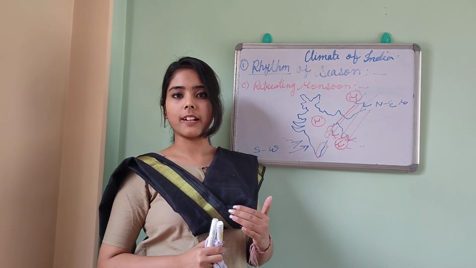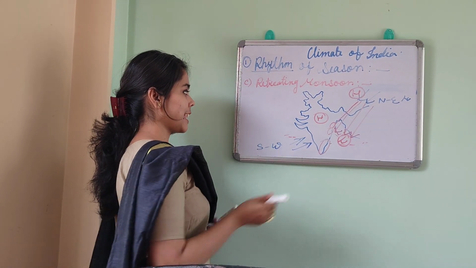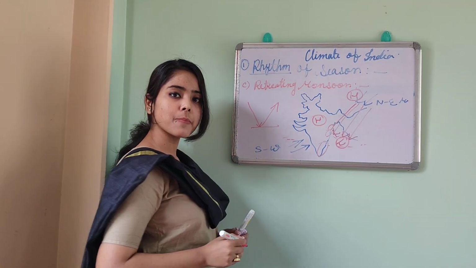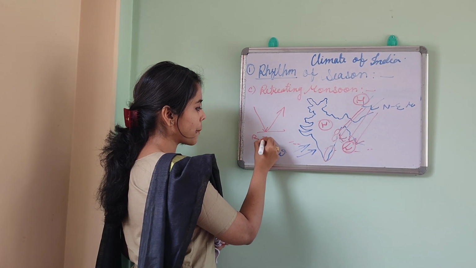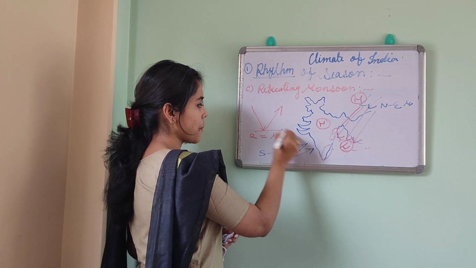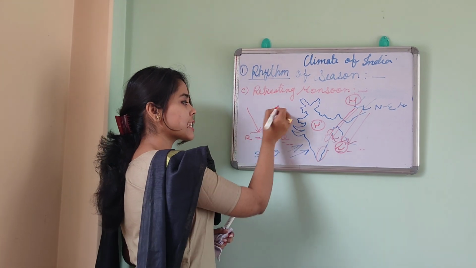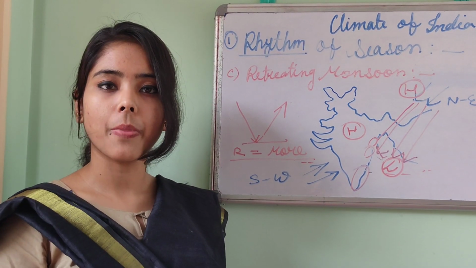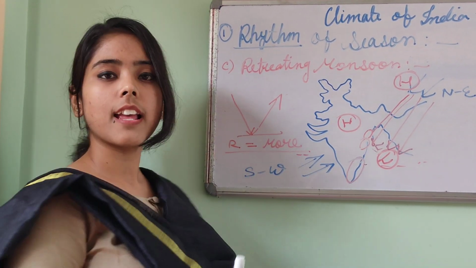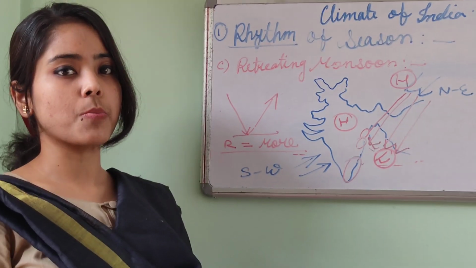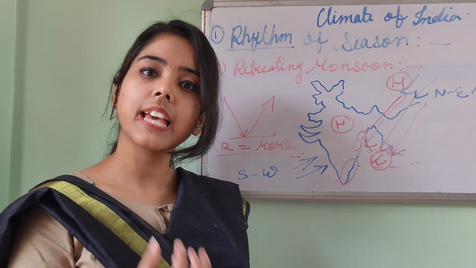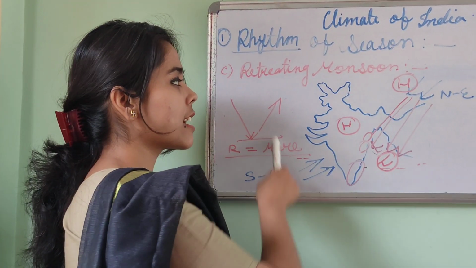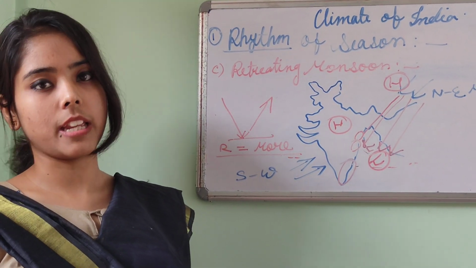When the sky is clear, then automatically the heat that is coming towards Earth's surface can easily radiate back. That means the range of temperature will be more, because the heat that is coming and the heat radiating back are quite similar. So the range of temperature will be more. And in this season, in the mid of September and October, we also experience a little bit of heat along with huge humidity. That's why this phenomenon is also known as October heat.